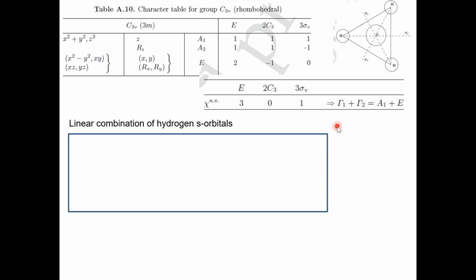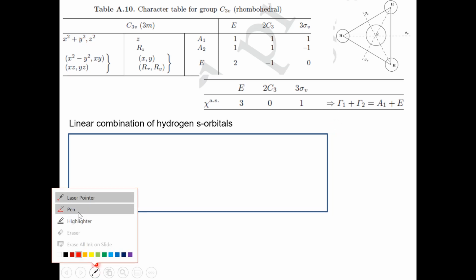So we have actually done this problem, I think in chapter 4, when we considered the s orbitals in an equilateral triangle. So what I'm going to do is just reproduce here the results we have already obtained.